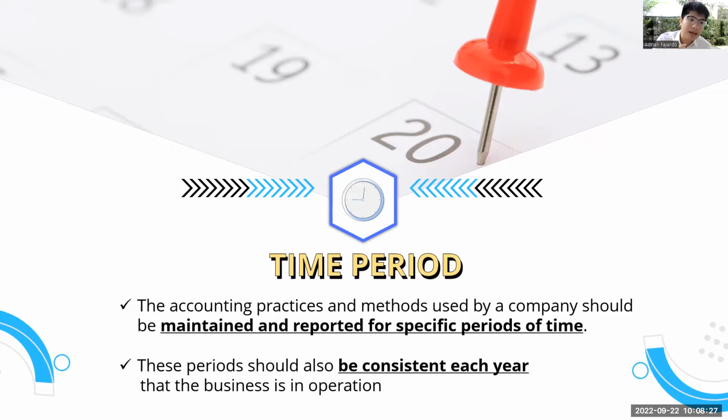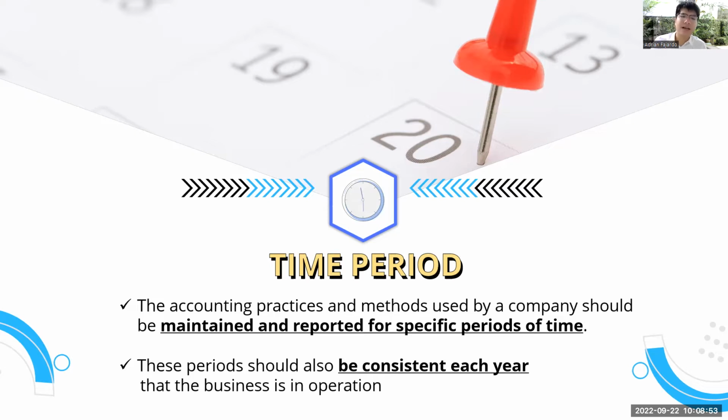So is this company better or worse than these companies? And you can also compare kasi across time periods. Na same company, pero you compare their performance in year 1, year 2, or time period 1, time period 2. And therefore, under the time period assumption, it allows companies to report at every specific period, but it dictates that it should be consistent for the purpose of comparability, right?